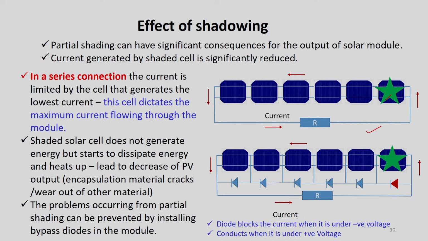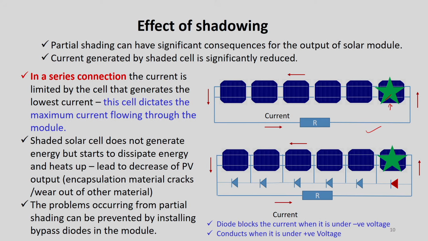The current generated by the shadowed cell is significantly reduced. So, what happens if it is shadowed by some external object? The current generated by this cell is significantly reduced, and that affects the entire system.